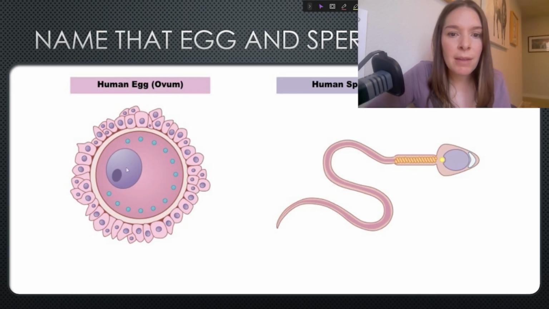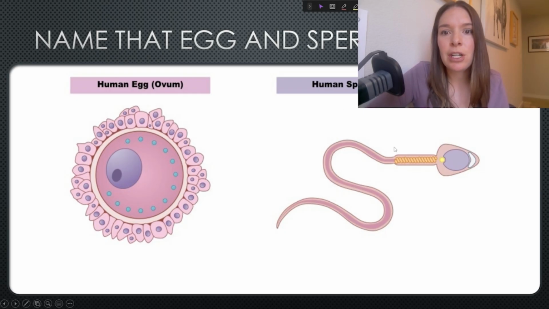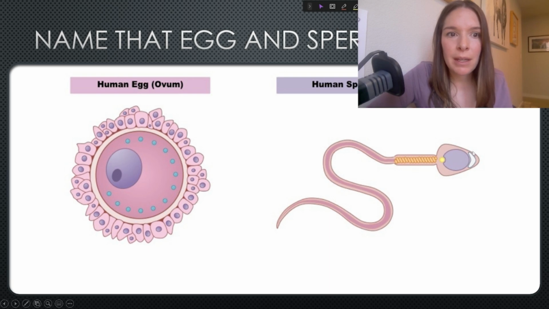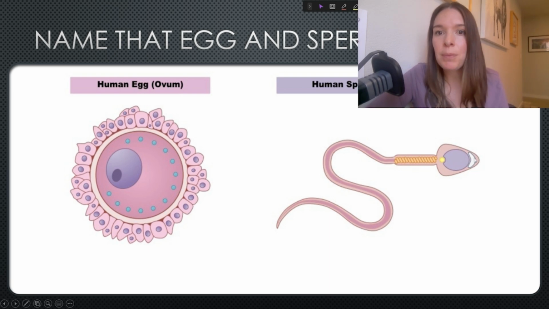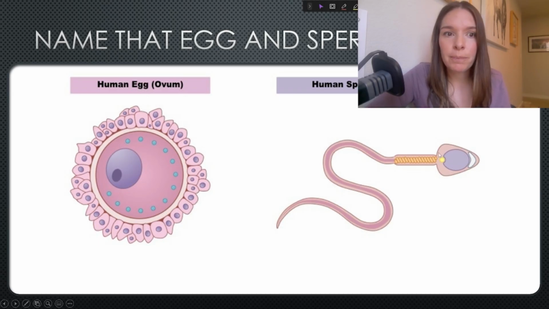Within the egg cell, the main thing to be aware of is the nucleus here. And then, of course, there's cytoplasm in the middle. When we think about the sperm cell, it can be divided into three sections: the head, the midpiece, and the tail. The head is going to contain the nucleus, pictured in purple here, the acrosome cap, which includes enzymes that are going to help the sperm penetrate the egg, and then the centriole.